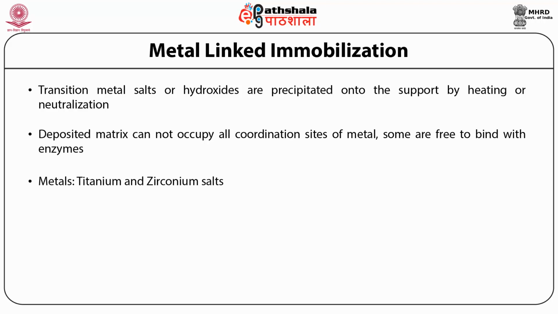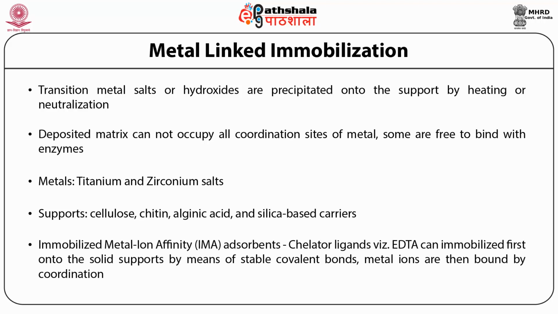Metals such as titanium and zirconium salts, with the help of supporting matrices like cellulose, chitin and silica-based carriers, are used in the immobilization. So, we have immobilized metal ion affinity adsorbents, also known as IMA adsorbents.